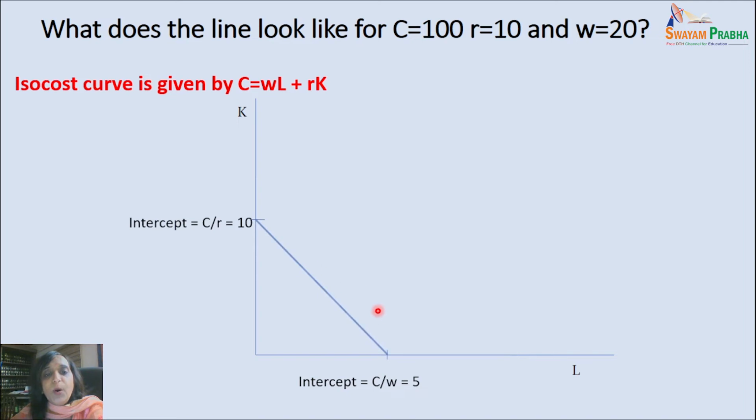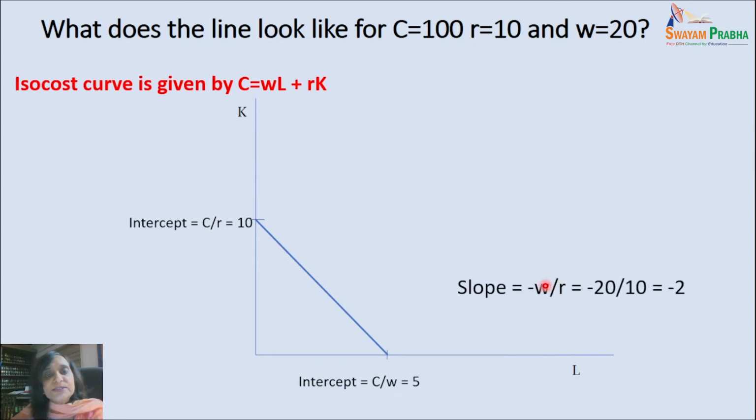So both the points we will join. When we join both the intercepts, we get a line which is downward sloping. So this line is showing you the various combinations of labor and capital which the firm can hire with the given cost and given price of the factor inputs.